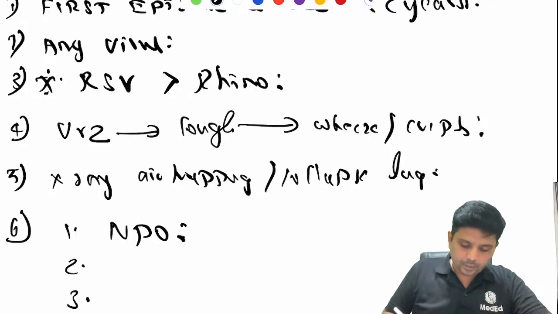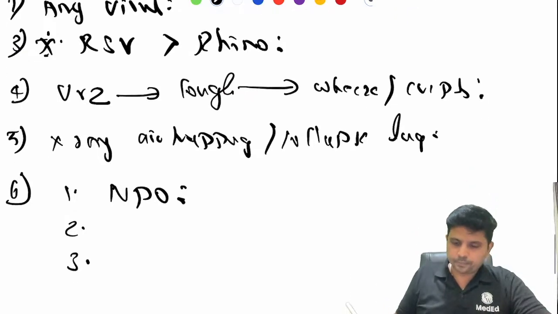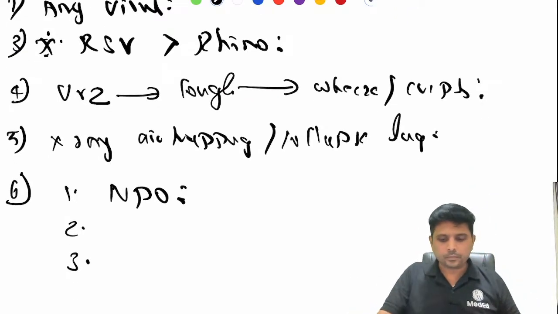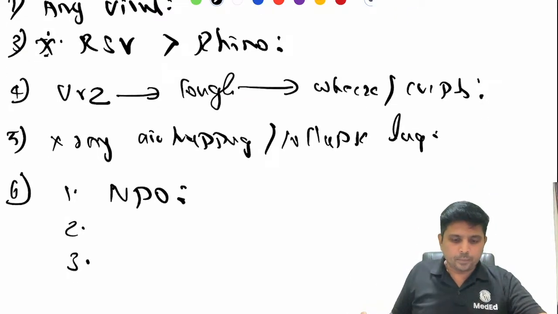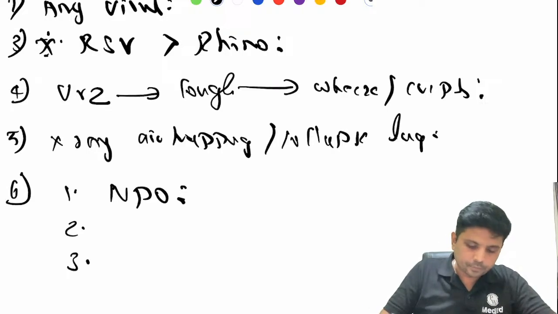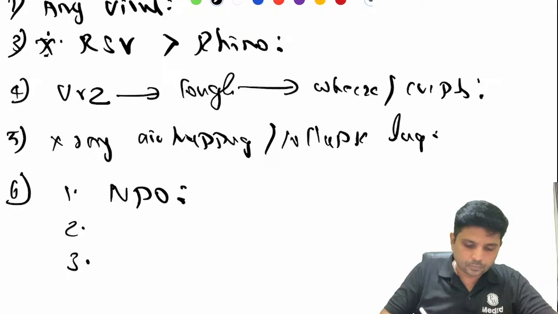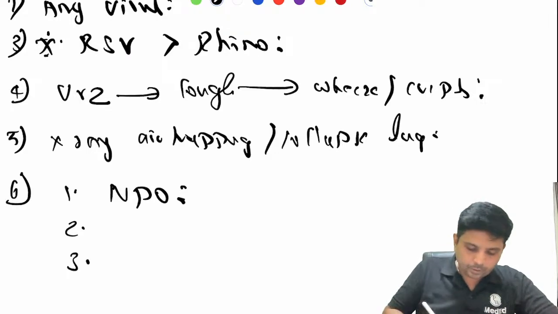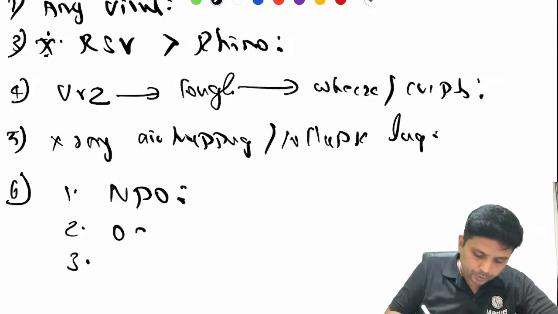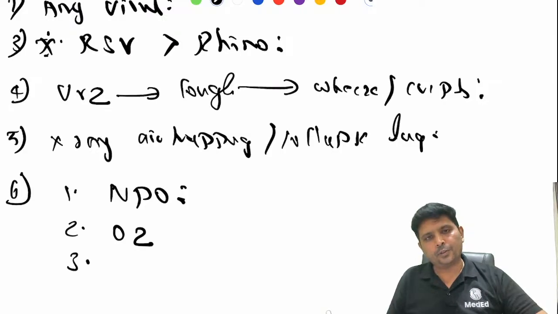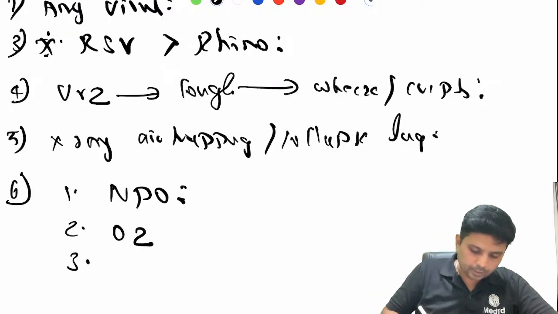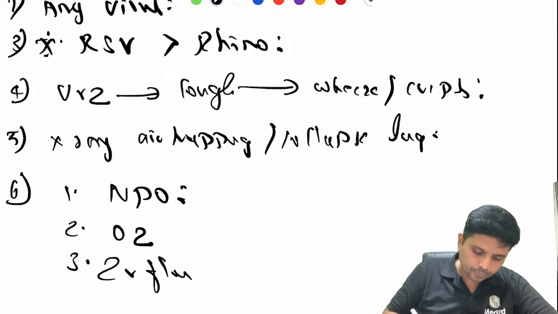So one is nil per oral. Second one is always you give oxygen. And then third one is IV fluids.